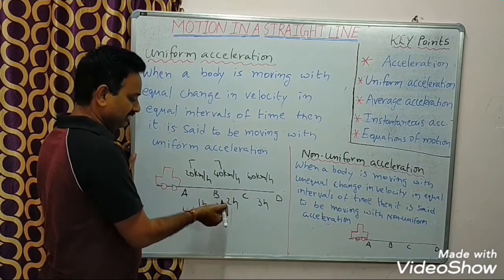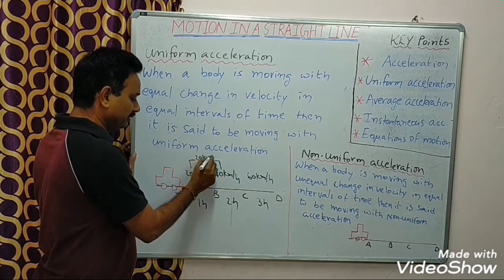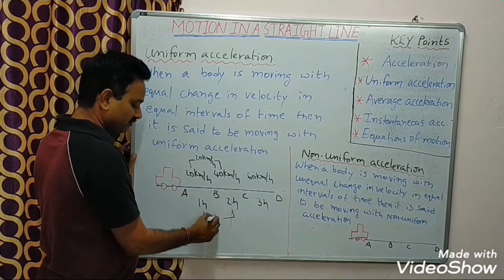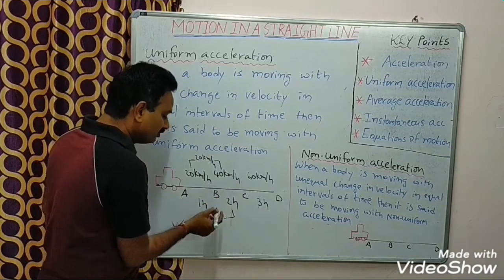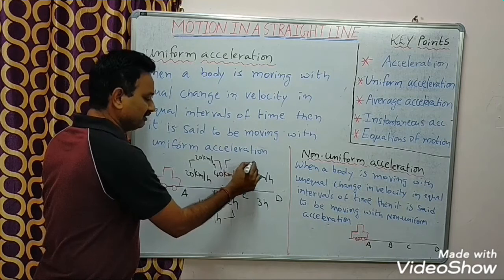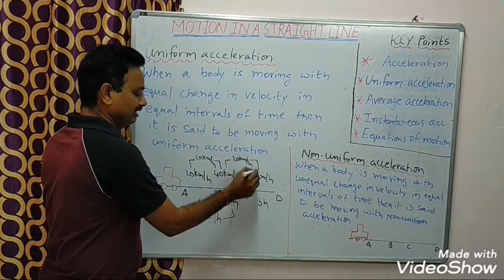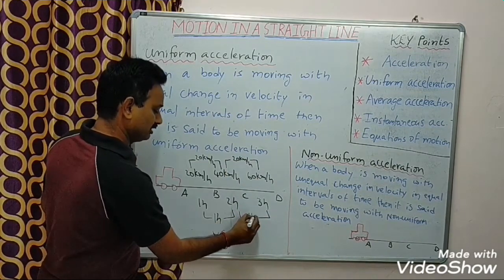from A to C, 40 minus 20, that is 20 km per hour, and the change in time interval is 2 minus 1 hour. And from B to D, the change in velocity is 60 minus 40, that is 20 km per hour, and time interval 3 minus 2, 1 hour.